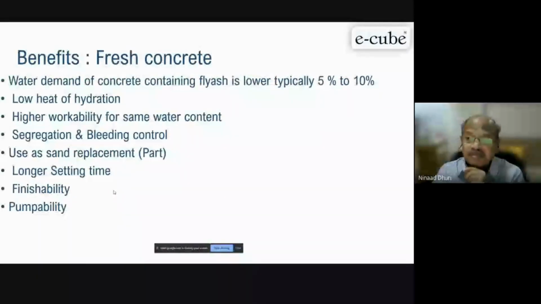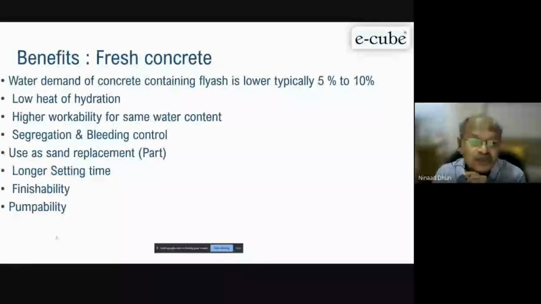And pumpability: when you push the concrete through the pump, there is a lot of friction from your sand and aggregates, and even from your cement, because cement is also like an aggregate only, so it has huge friction.